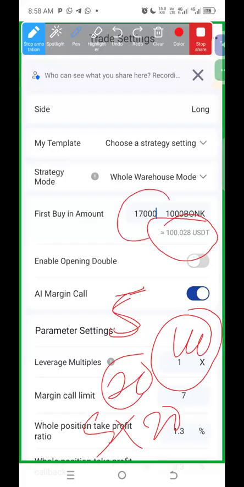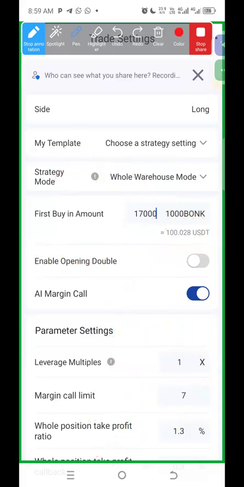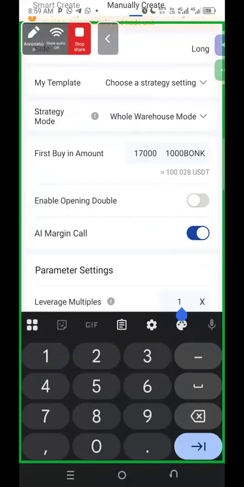So we just want to get the amount of coin that will give you the 100 USDT. That is why we did that calculation. It simply means 17,000 Bonk will give you 100 USDT. Right? Good. Now, your leverage, which is 5x, is set up.